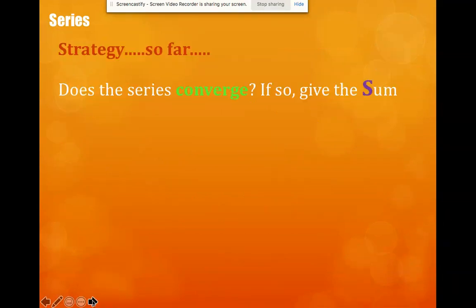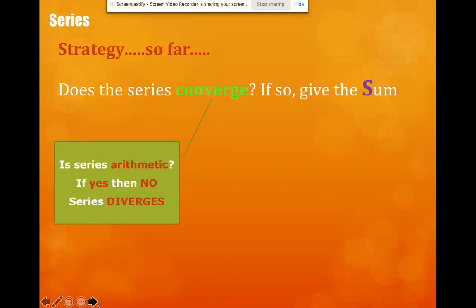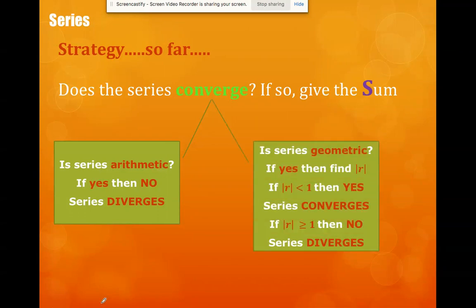So our strategy so far: does a series converge? If so, give the sum. The first thing I say is, is it arithmetic? So I look for a common difference. If it is arithmetic, my series diverges, be done with it. If you look at the series and it's geometric, then you find your common ratio, absolute value of, and then you say, is the absolute value of that common ratio strictly less than 1?